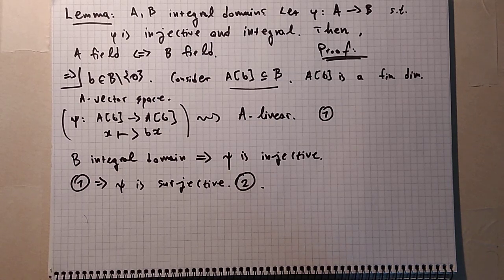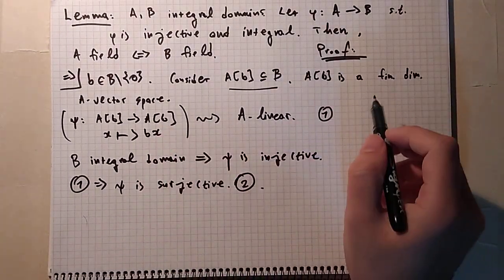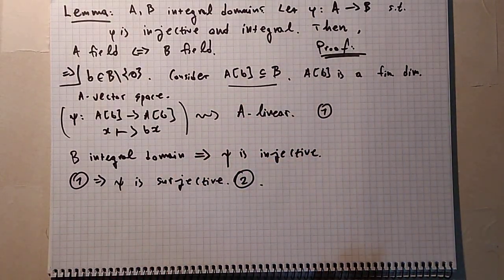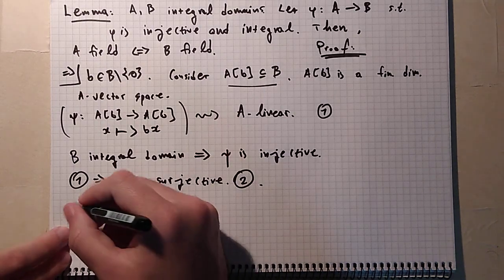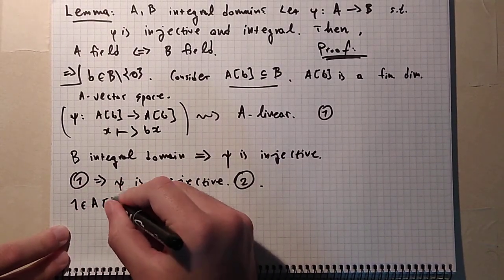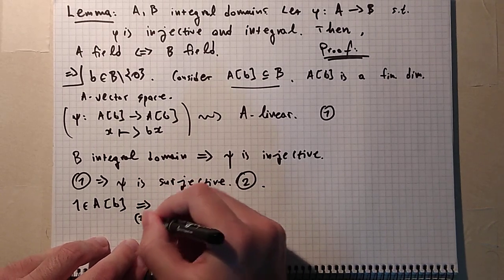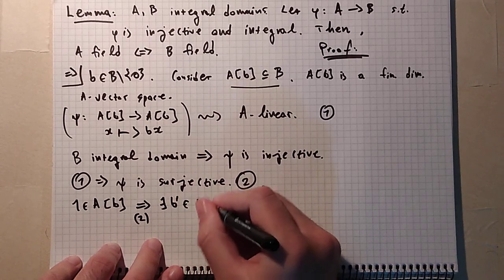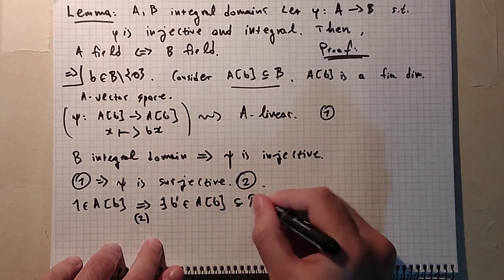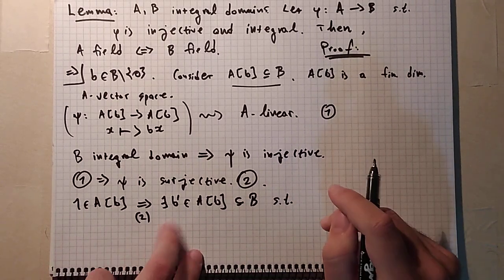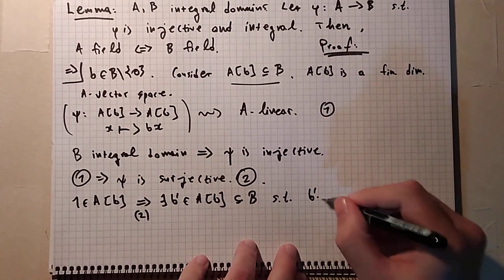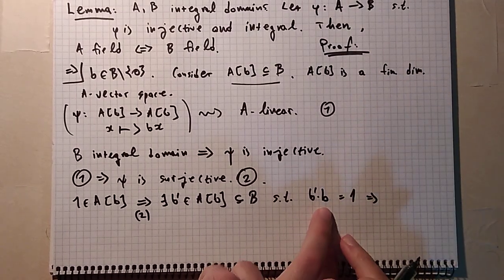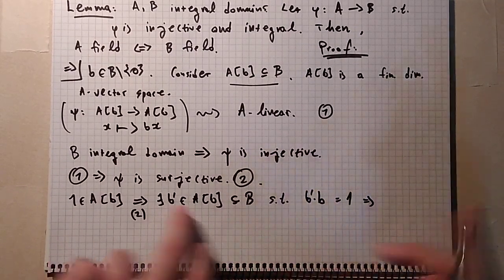And the finishing argument is that, since this is the A-subalgebra generated by b, this is also a ring, which means that it contains 1. So 1 is an element of this guy, and relation 2, the surjectivity of psi, implies that we can find a b' living inside this guy over here, which is a subset of B, such that its image under psi, that is b' times b, is equal to 1. But of course this implies that b has an inverse living inside B. So B is a field.